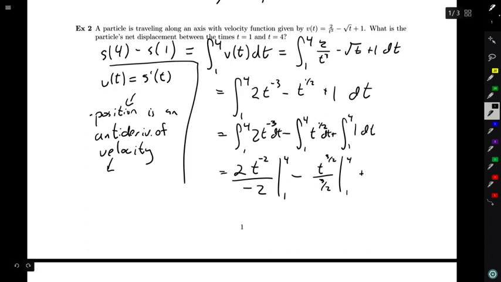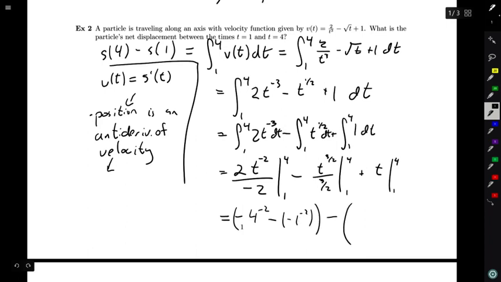Integrating 1, I know that an antiderivative of 1 is t. Again, evaluated from 1 to 4. And so we go through this computation, and we want to plug in 4. The 2 and the minus 2 cancel, leaving me with a minus 1. So I have minus 4 to the minus 2, and I want to subtract away the function evaluated at 1, so that is minus 1 to the minus 2.